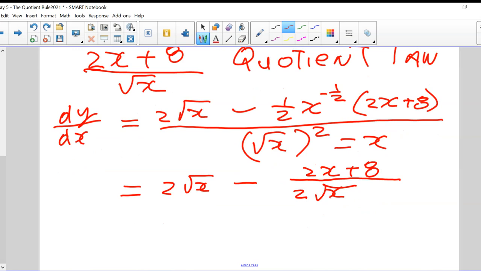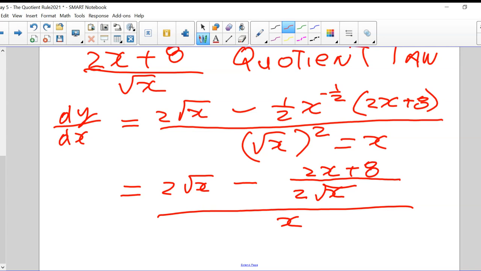So this is how I'm choosing to write this. 2x plus 8 over 2 times the square root of x, and all of this is over x. Okay, let's just see how you did what you did. This is a half here, so the denominator is 2, the numerator is 1 on this line right here.